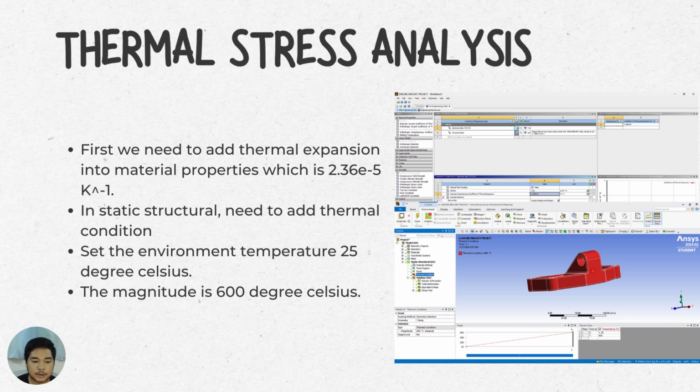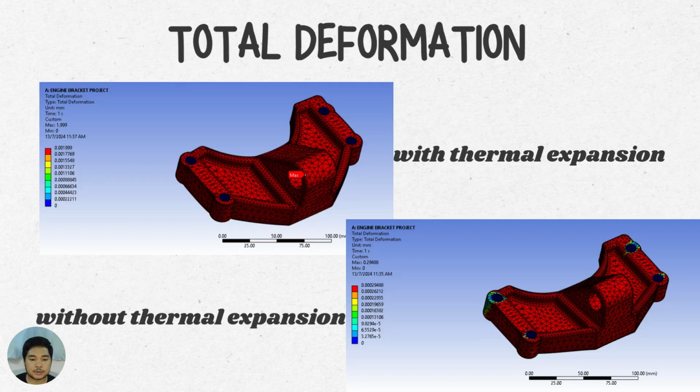Next, set the environment temperature to 25 degrees Celsius, and also set the magnitude to 600 degrees Celsius. Next, the slide shows the color contour of the bracket without thermal expansion and with thermal expansion. The figure below is without thermal expansion, and the figure above is with thermal expansion.